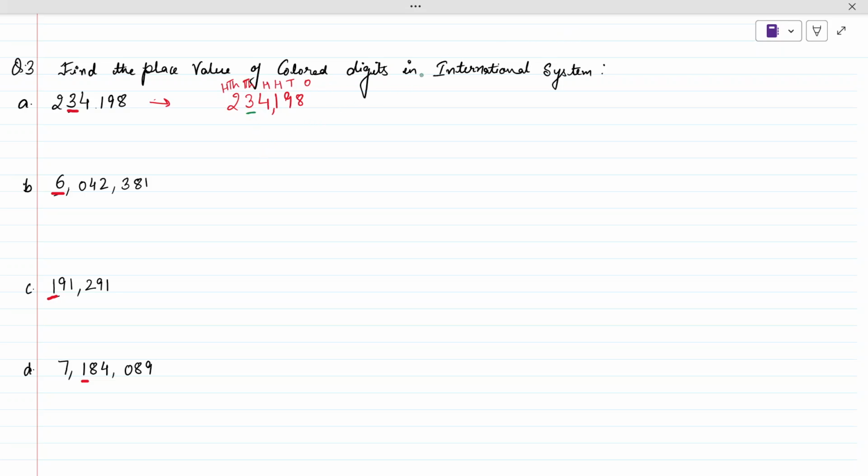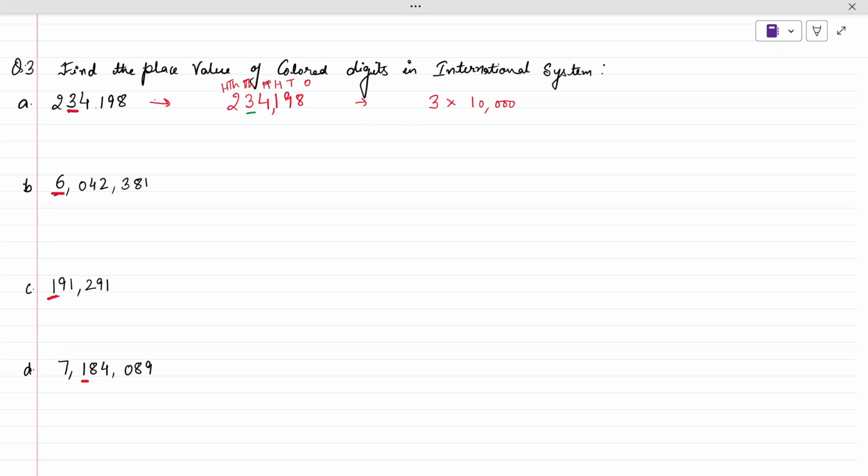So kids, we can see that this colored digit is present at the ten thousands place, 3. That means I have to multiply this digit 3 with the place value of 10,000. What is the place value of 10,000? It is straightforward, it is 10,000 only. So I'm writing 10,000 here.